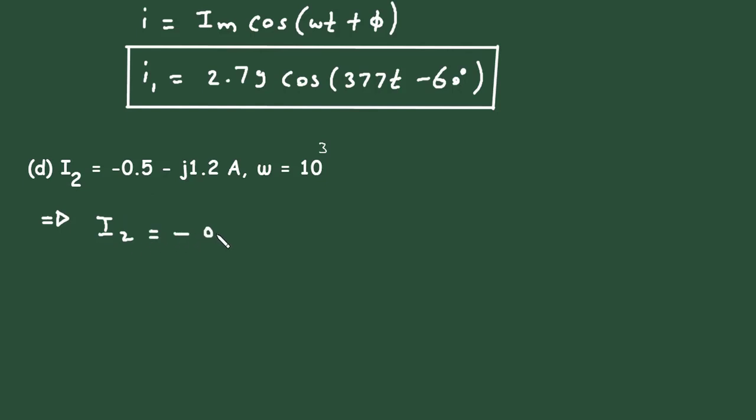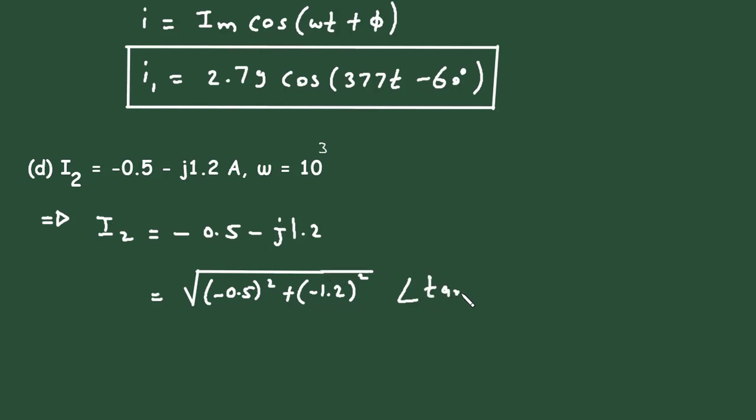I2 is equal to minus 0.5 minus j 1.2 ampere, or here we can directly convert it. So let's convert this into its equivalent polar form. It will be under root of minus 0.5 square plus minus 1.2 square at an angle tan inverse of minus 1.2 divided by minus 0.5.